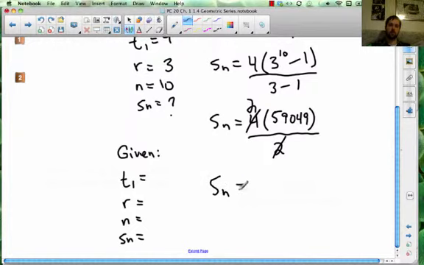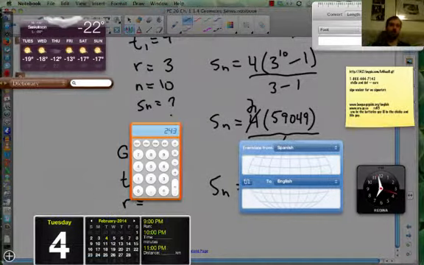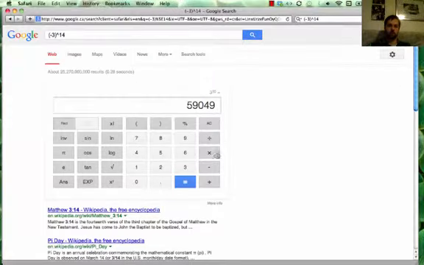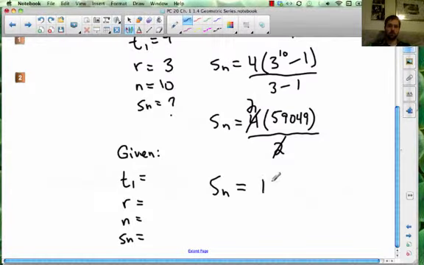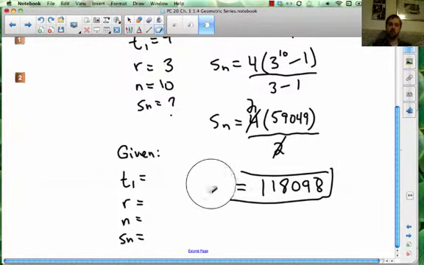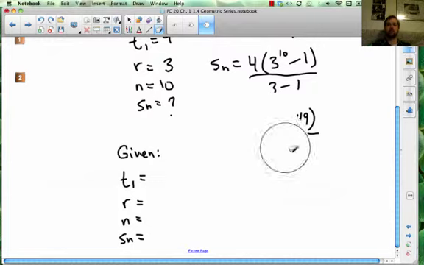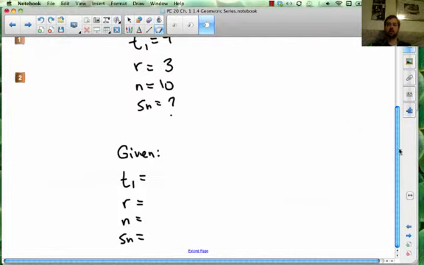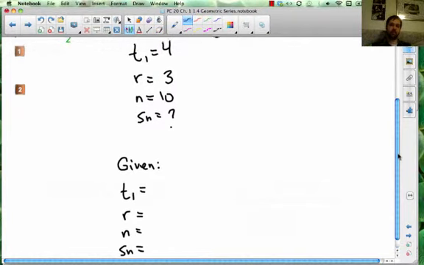So the sum of the first 10 terms is going to be 2 times 59,049. Let's go back to Google, multiply that by 2, 118,098. And that's the sum of the first 10 terms. It would be kind of annoying to do this whole thing, just adding every term after term after term in your calculator, and it would be fairly time consuming as well.